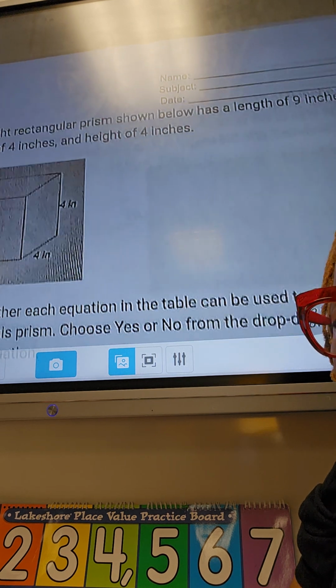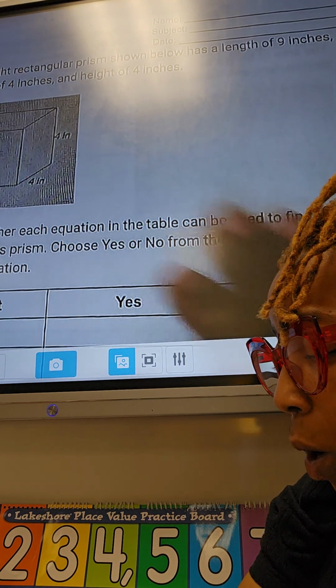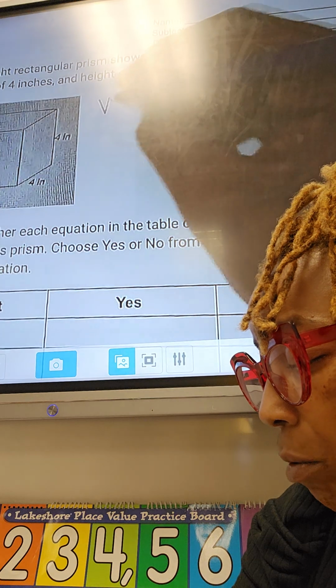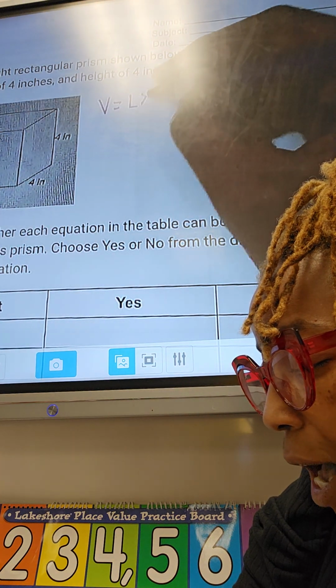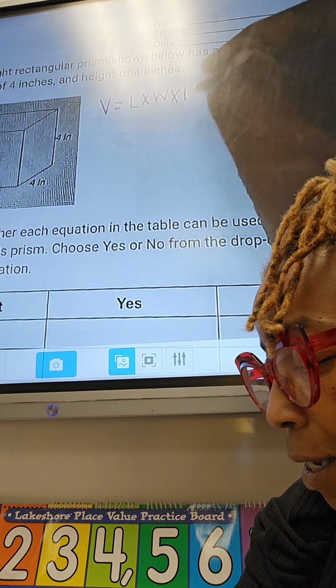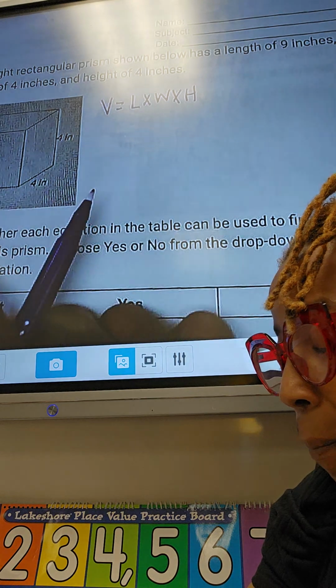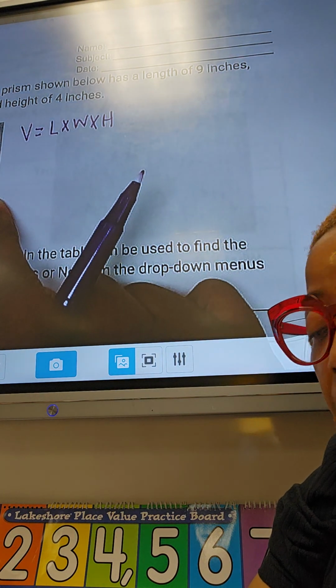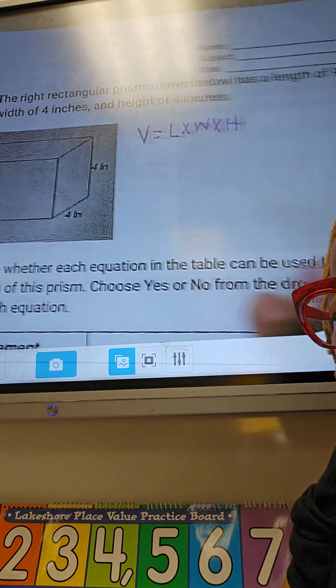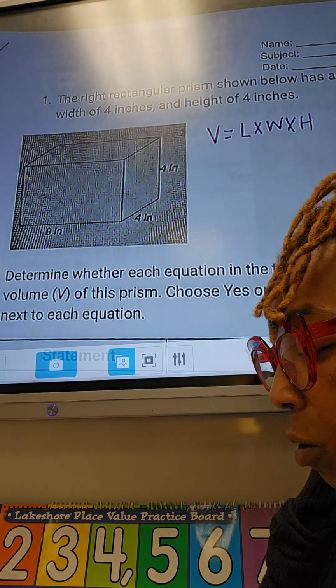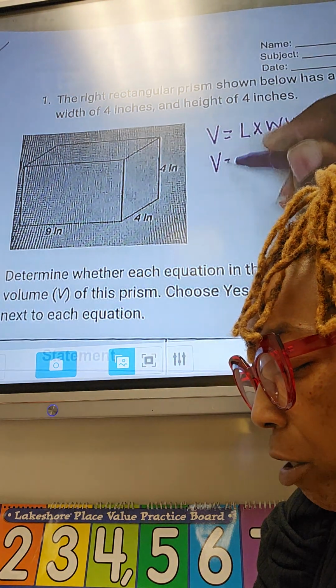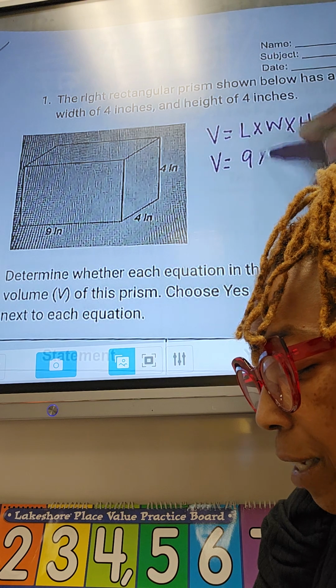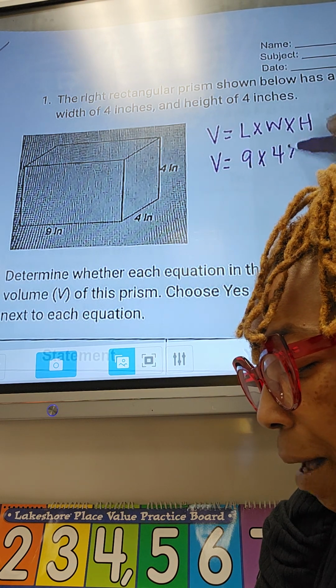All right, so what I know is volume equals length times width times height. That's what I know. And when I look at my picture, I see length, I see width, and I see height.